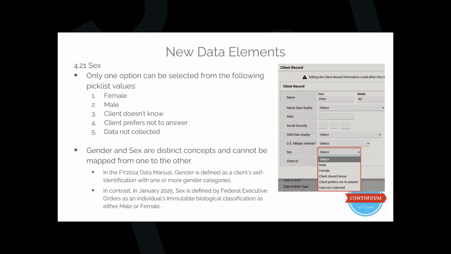Based on HUD's guidance, they instructed vendors not to map the previous question over into this new question. That's the bigger reason: HUD told vendors they're not supposed to be mapping these two values.